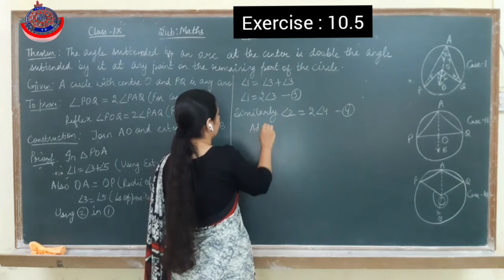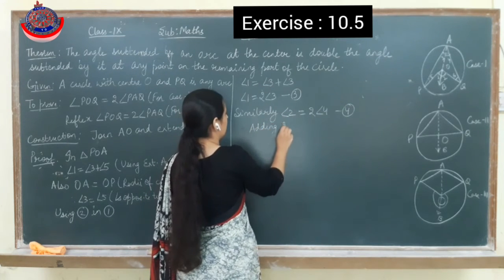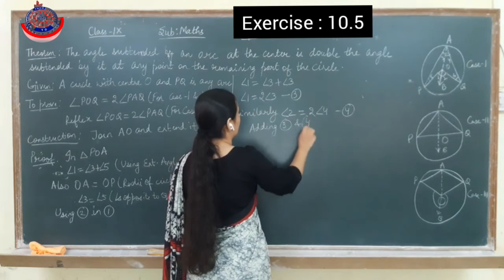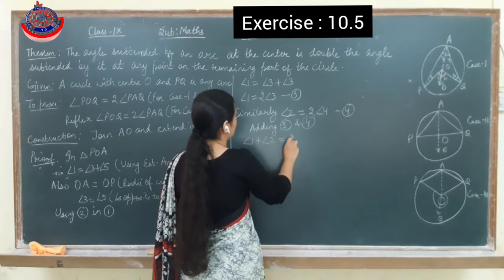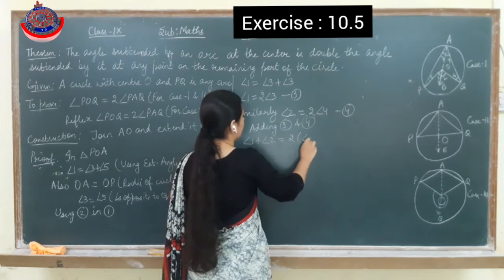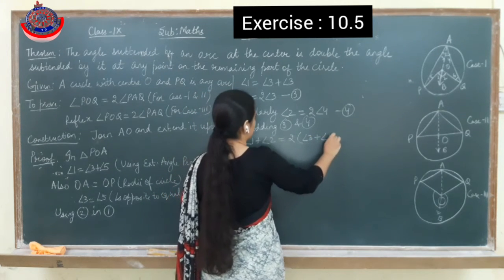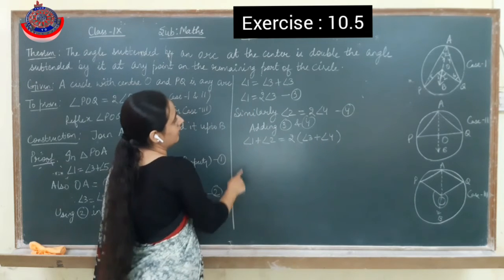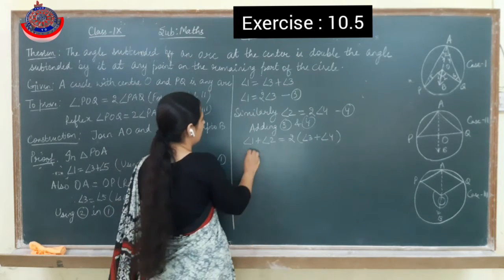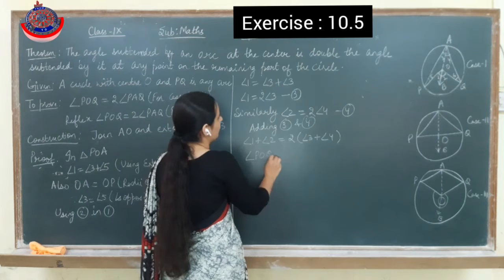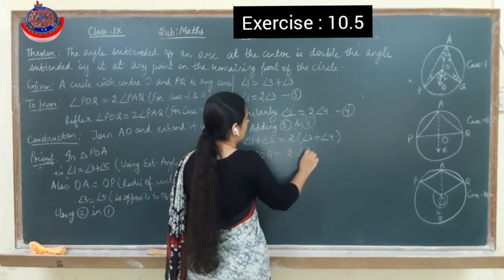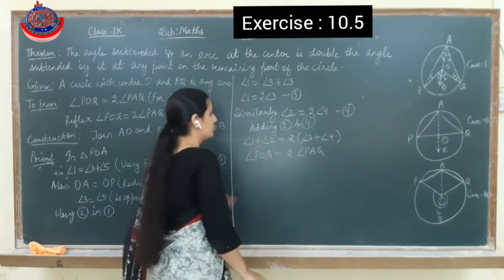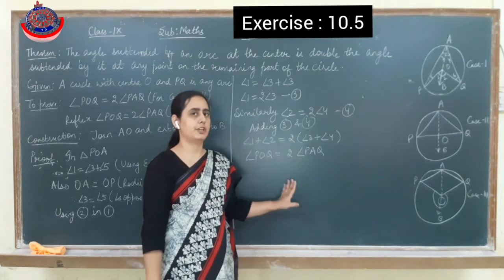So adding equations 3 and 4, we get angle 1 plus angle 2 is equal to twice of, taking 2 common, 3 plus 4. What was our angle 1 plus 2? Angle POQ is twice of angle PAQ. So our proof is finished here.